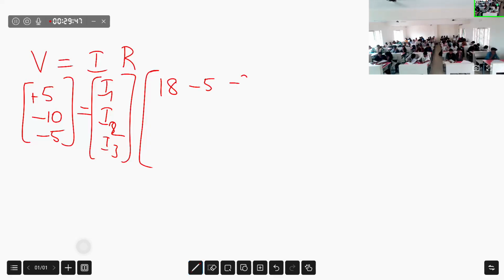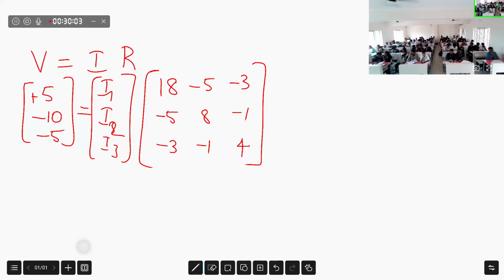How to find out? For example, this is my column value, this is my row values. So row into column will give you 18 into I1 minus 5 into I2 minus 3 into I3 is equal to my first value 5. Form an equation like this.